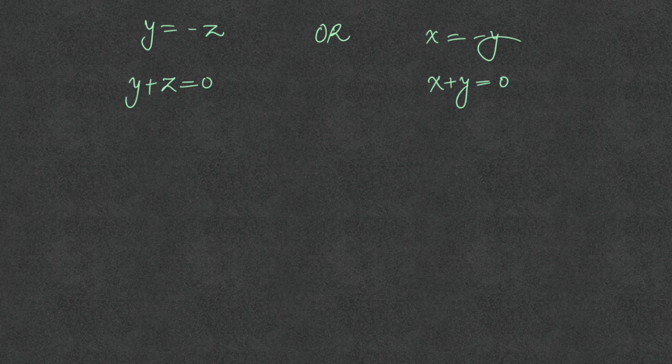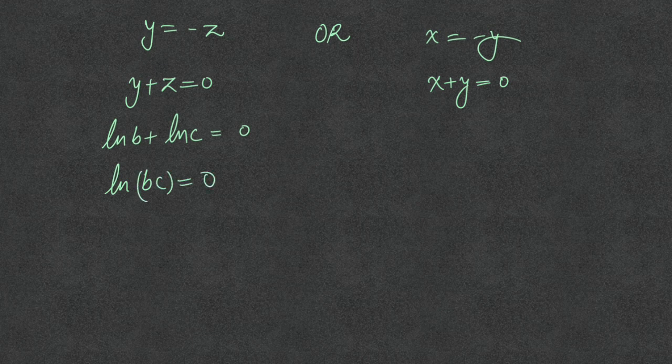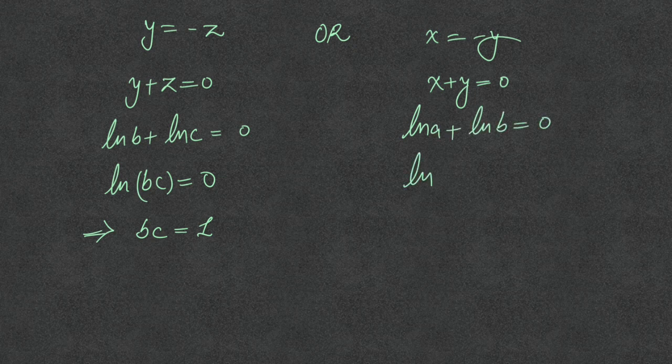Now replacing with their original values, this becomes log b plus log c equal to 0. Applying the property of log, we get log of b into c equal to 0, and log 1 is 0, so bc becomes 1. And here x becomes log a, y becomes log b, so log a plus log b equal to 0, which becomes log of ab after applying the property, which is again 0.